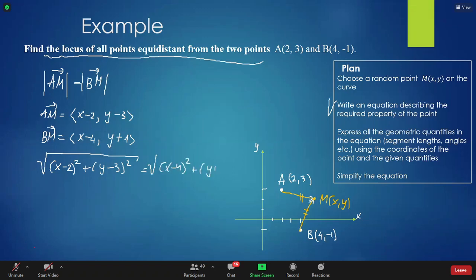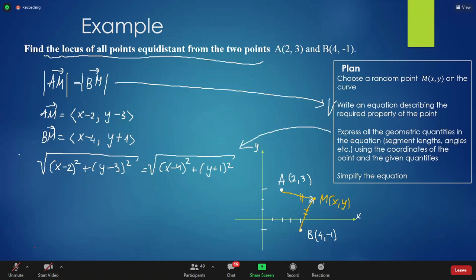So we have now written the equation. That was this part, the writing of the equation. Now we have expressed all the quantities that were involved using the given coordinates and the coordinates of the point M. And now we have to simplify this.